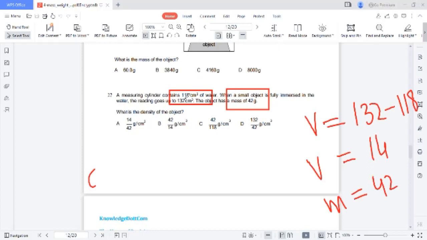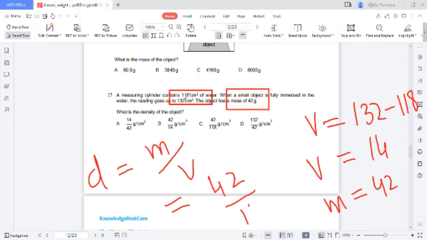So density is mass over volume. Mass is 42 and this one is 14. So our answer is 42 over 14.